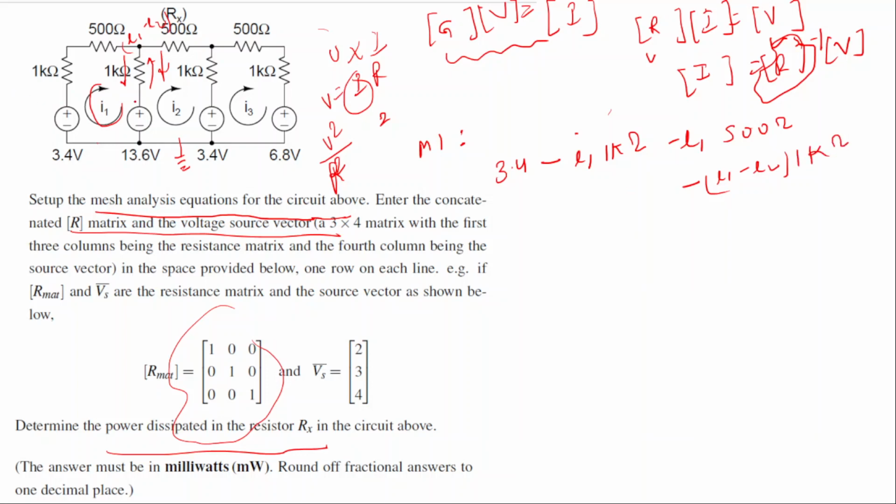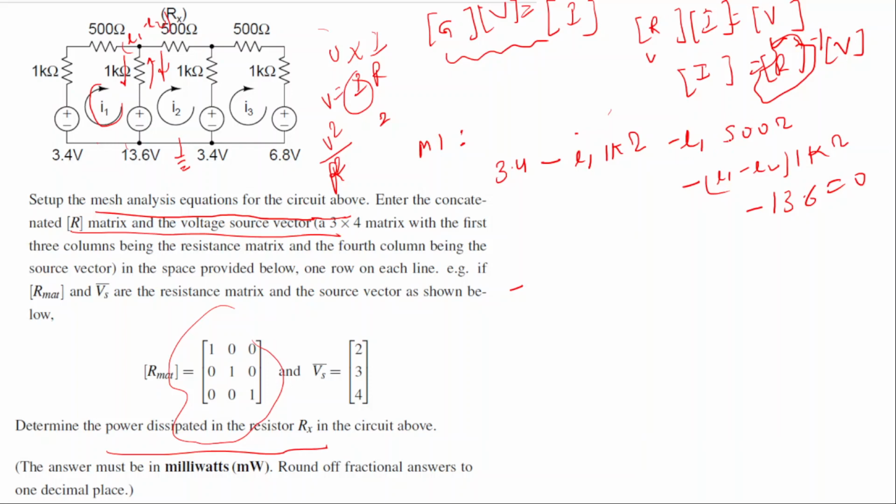Then from here to here there is a drop of 13.6 volt. So now minus 13.6 volt equals 0. Now let's rearrange the terms. This I1 is there and this I1 is there.